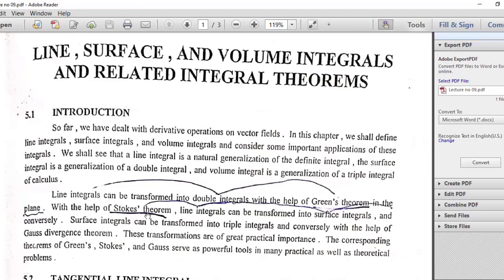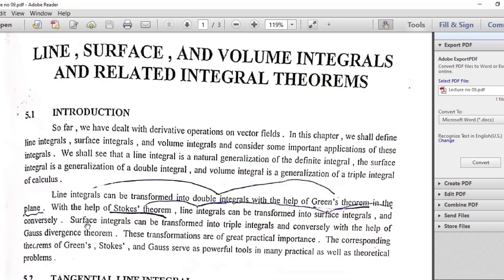Stokes' theorem works in space, but Green's theorem works in the plane. Green's theorem is a special case of Stokes' theorem. We will discuss in detail Stokes' theorem and Green's theorem in upcoming lectures.